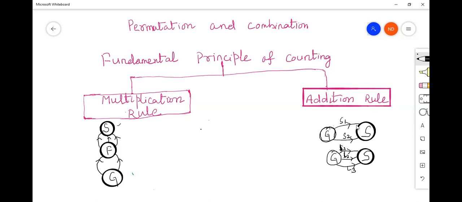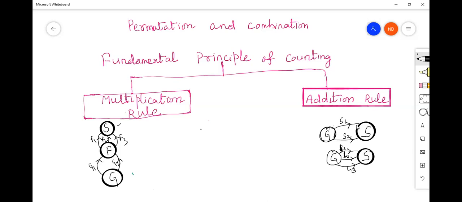Now you see here, suppose G1, G2 are the 2 staircases, and these are F1, F2, F3. You may use the G1 staircase, then F1 or F2 or F3. Similarly, you may use the staircase G2, then F1 or F2 or F3.